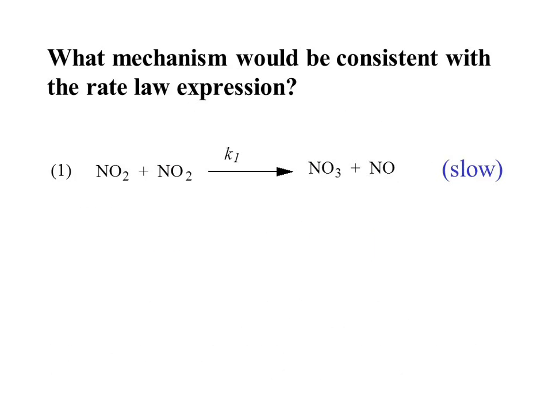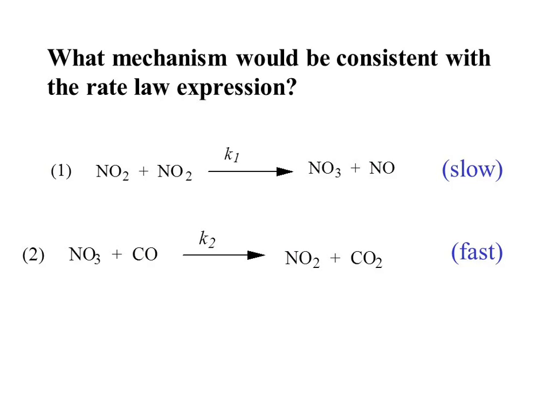Let's just say for kicks, because remember it's second order for NO2, and NO2 is our slow first step, what if NO2 connects with NO2 to form the intermediates NO3 and NO? That would work, right? Second order for NO2.